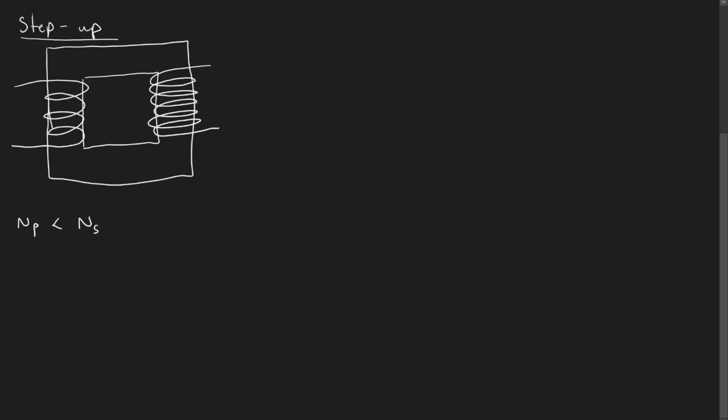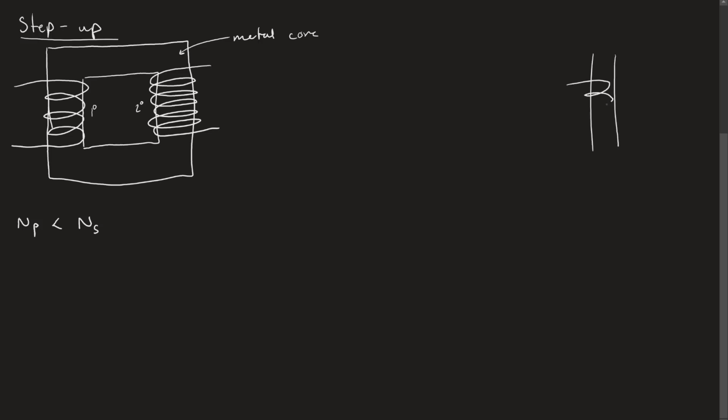Now, to give this idea of what's happening here, this is a metal core. In actuality, when we do this, we won't have the primary and secondary coil being so far apart. In actual fact, we'll probably have the same coil, and we'll just interweave.